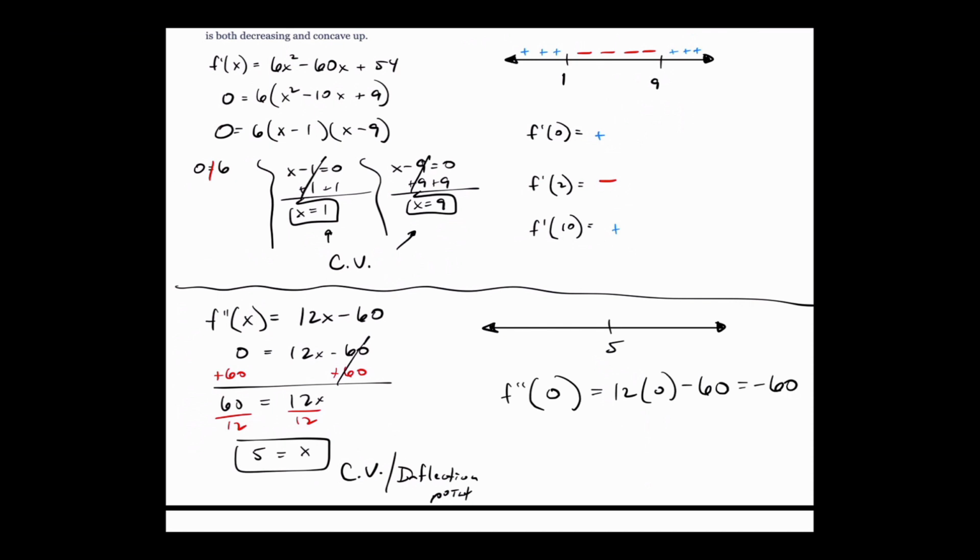That's a negative number. Plug in a number bigger than 5. I'm not going to plug in 6. I'm going to plug in 10 because 10s are easier to multiply by. You could multiply by 6, but I'd rather multiply 12 times 10 than 12 times 6, because 12 times 10 is just 120. That's positive 60.